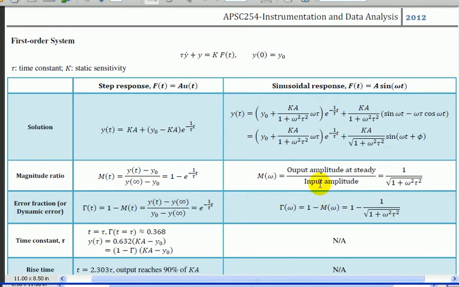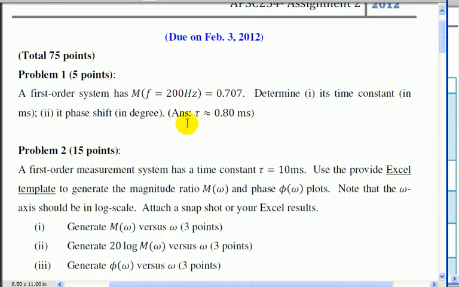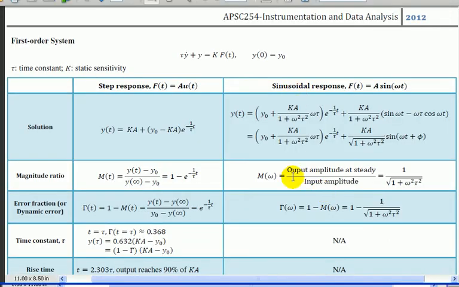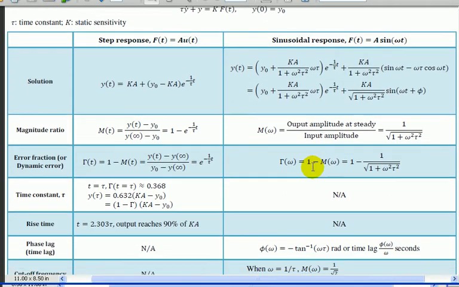For question number 1, it gives you a frequency and a magnitude ratio, so apparently we're looking at the sinusoidal response of a first order system. How do we determine its time constant and phase shift? Basically, all of the equations are here.